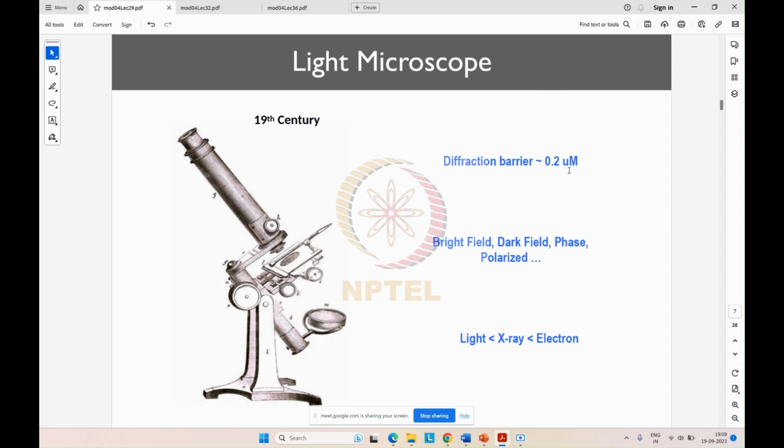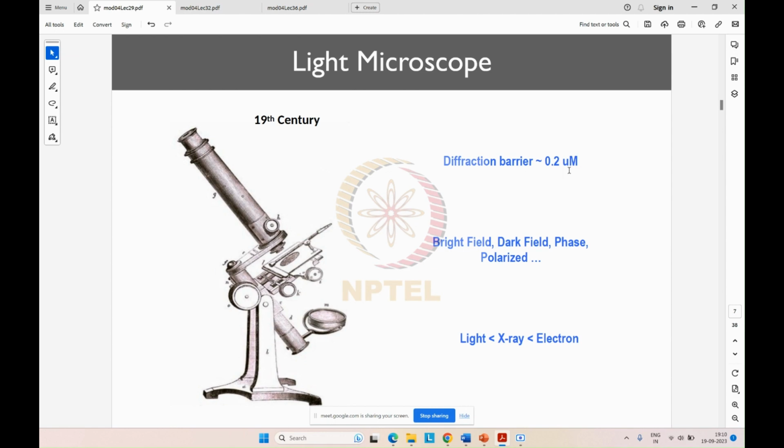So what is the diffraction barrier? Simply put, in air, diffraction barrier means the minimum distance that two objects need to be separated so that you can image those two objects as two separate objects, which is, for an air medium, lambda by 2, in which lambda is your wavelength.